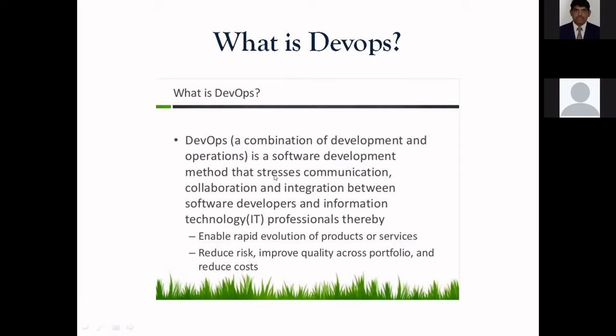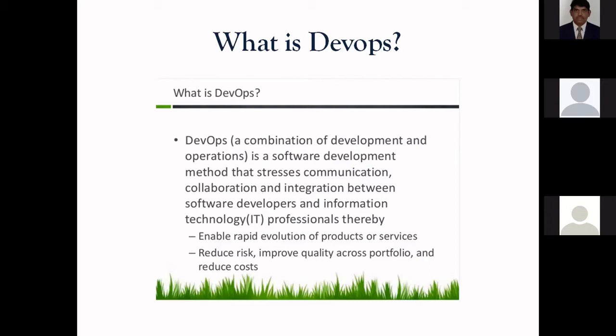The main thing is the communication gap that has arisen between them, and the next is collaboration and integration between the developers and the information technology professionals. Because of these gaps, the concept of DevOps has arisen between developers and operations.